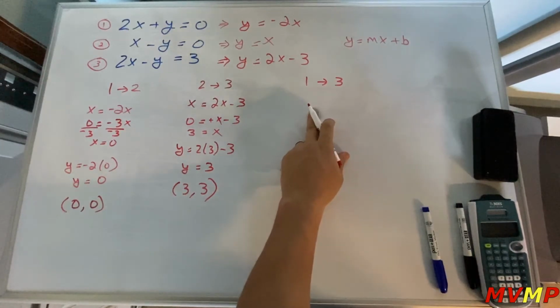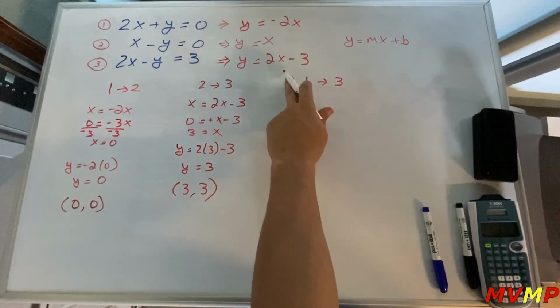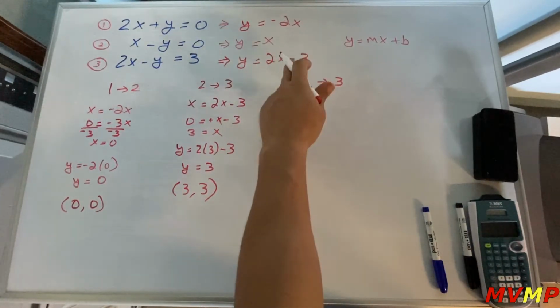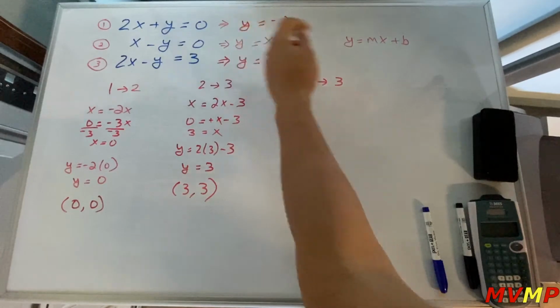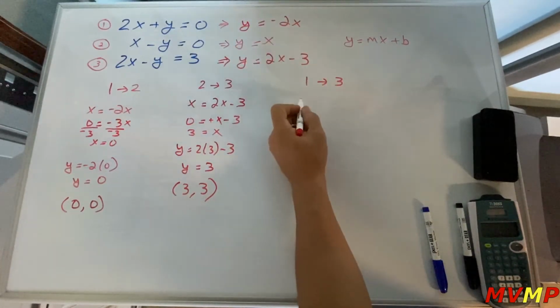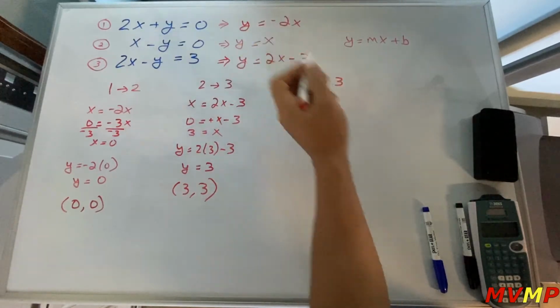Now for this last one, since you're going to have two variables, the best thing to do is set both of them, add them together and set them equal to 0. So what you do there, you add this back there. So you would have a positive y plus 2x, which would equal 0.